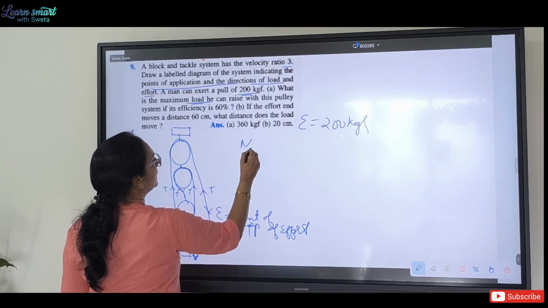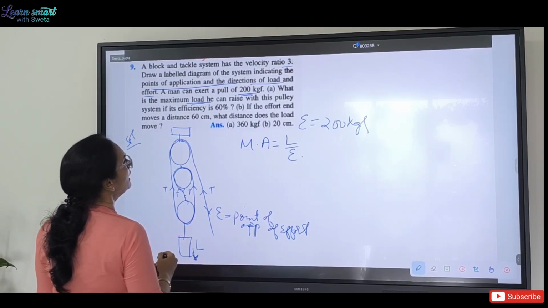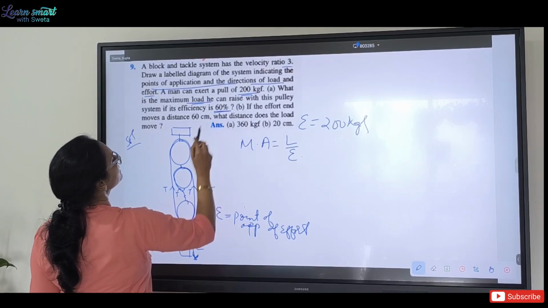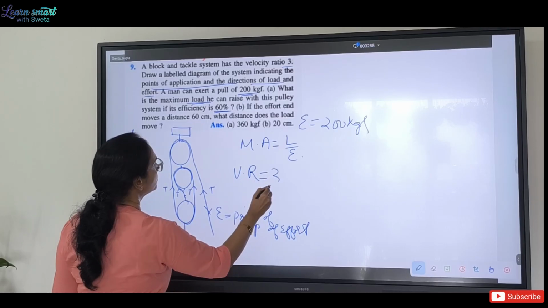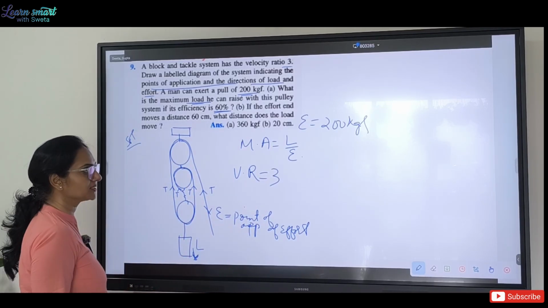Now we know that mechanical advantage is equal to load upon effort. Here it is said that the pulley is 60% efficient. And velocity ratio will be equal to 3 because in block and tackle system, velocity ratio is equal to the number of pulleys.